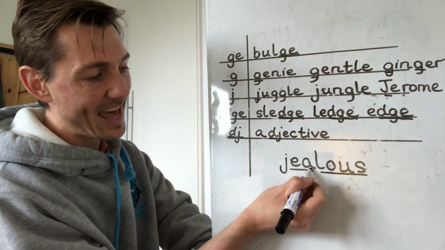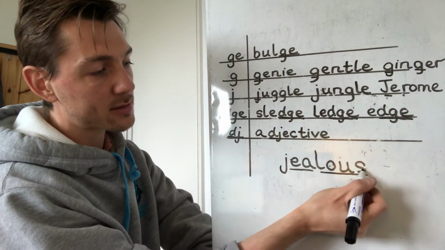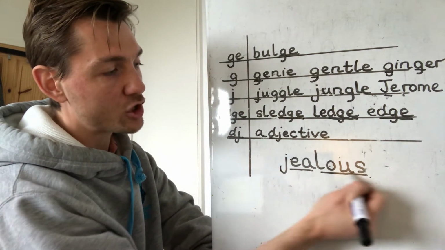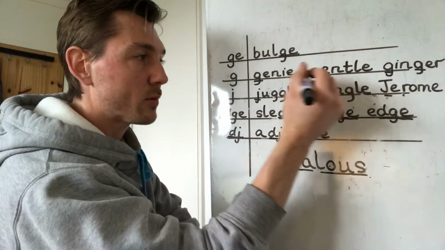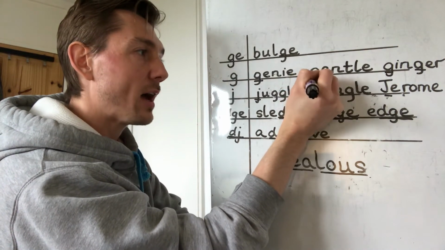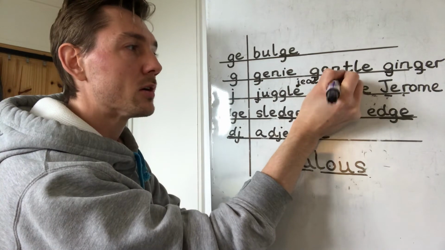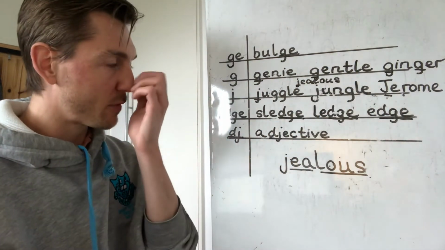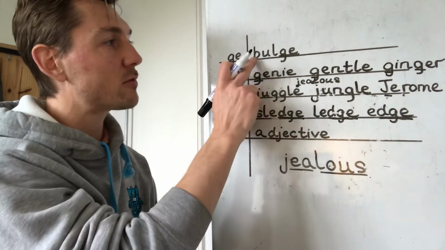J, e, l, us, lus. Jealous, jealous. And of course it's that j spelling of j, where I've run out of space, so let's try and put it up here. We have j, e, l, jealous.